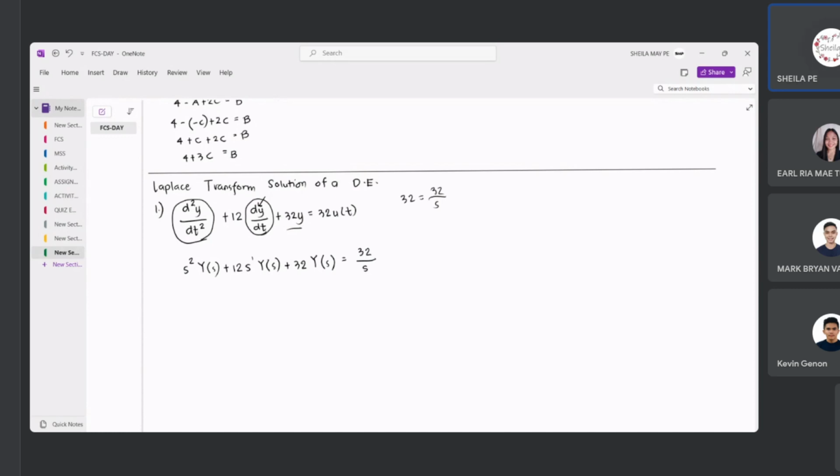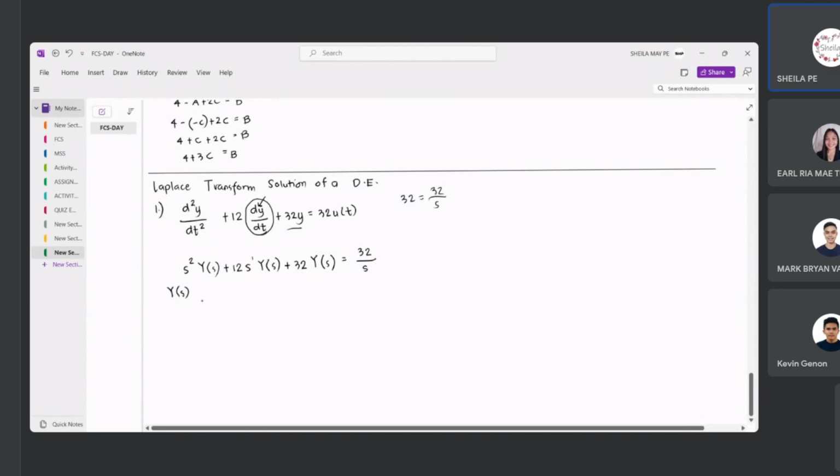Okay, now since y of s is common, y of s can be factored out.